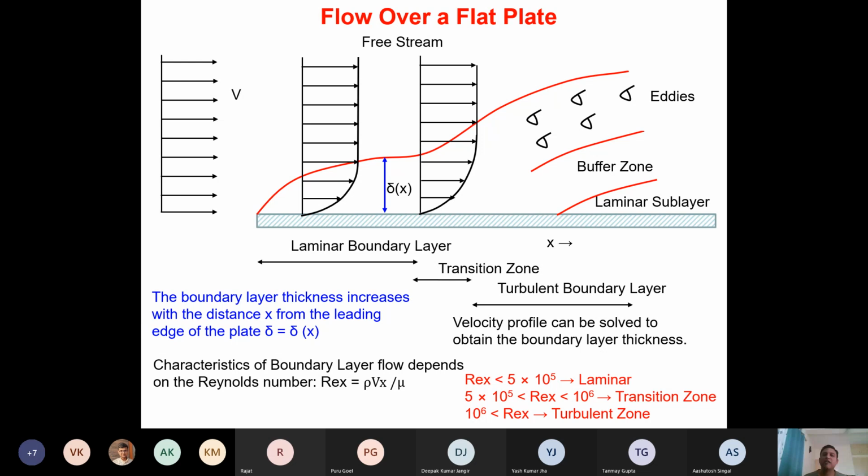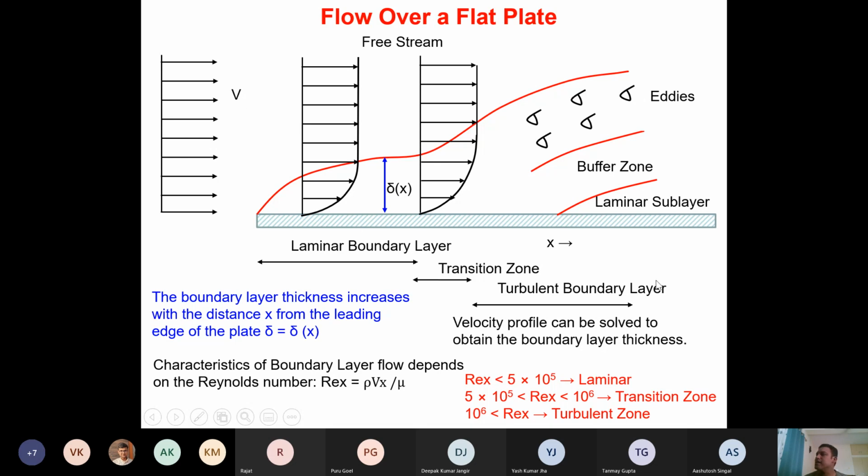And the fluid elements which are exactly in contact with this particular plate, the velocity becomes zero. And as we move along the x direction from this leading edge, the thickness of this boundary layer increases, where there is a velocity distribution present. So at the bottom here at the plate, the velocity is zero, and as we move in the upward direction, the velocity approaches the free stream velocity.